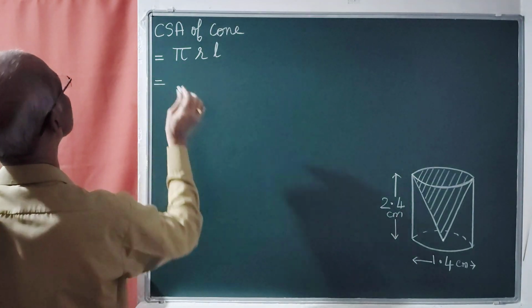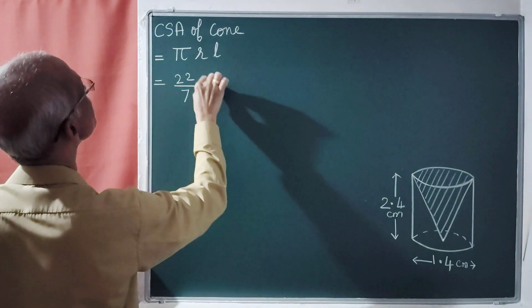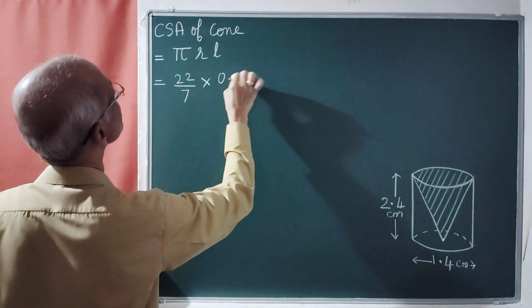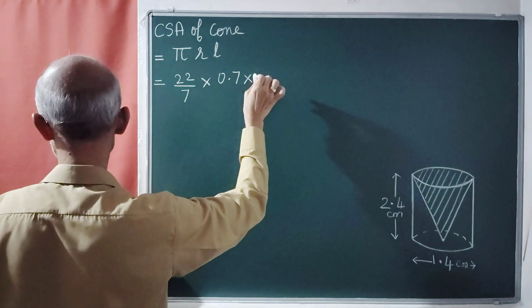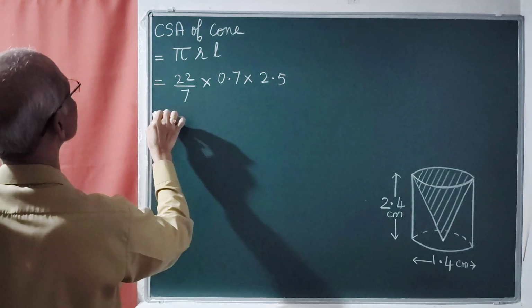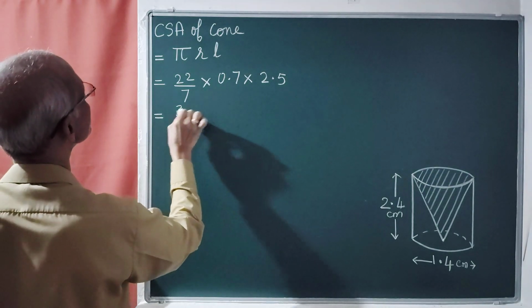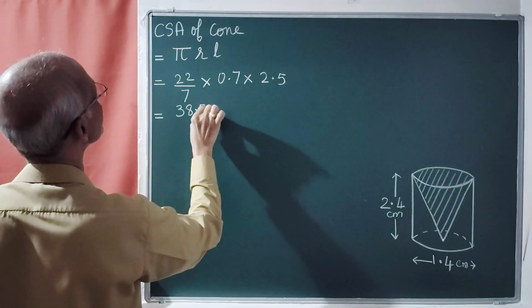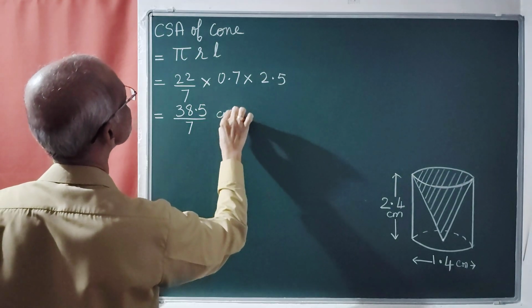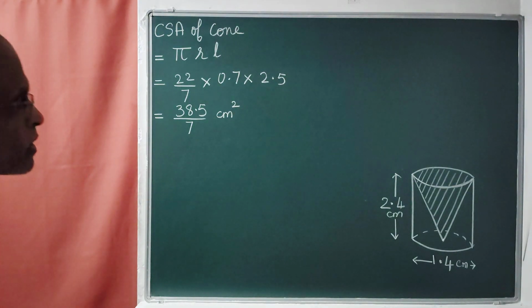That's equal to 22 by 7 into R, 0.7, into L, 2.5. So we'll get 38.5 by 7 centimeter square. This is the CSA of the cone.